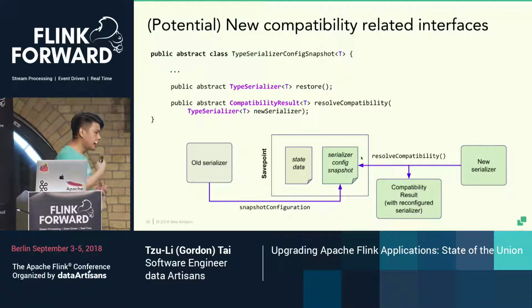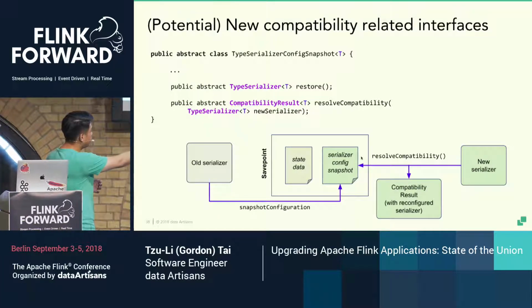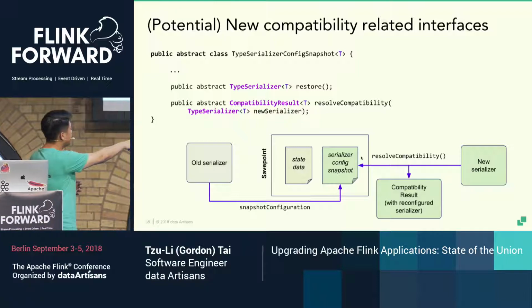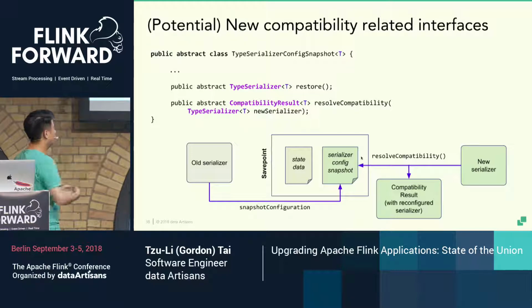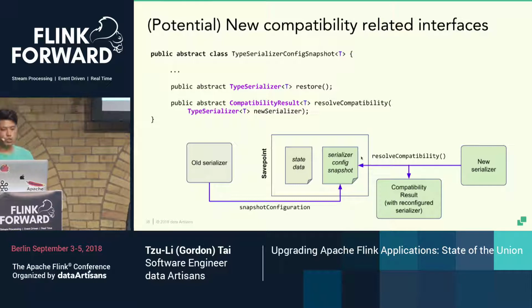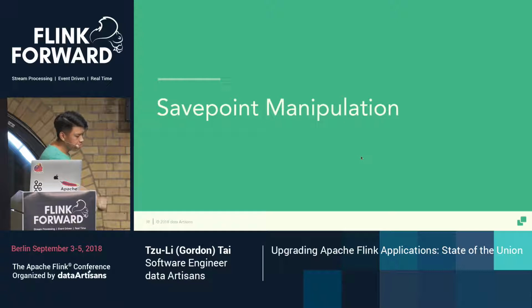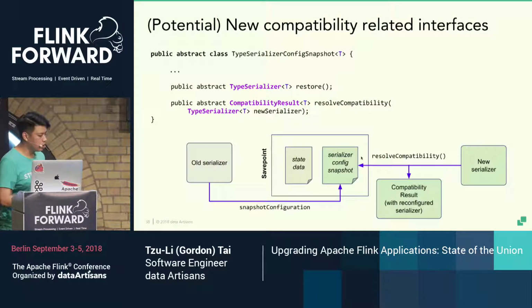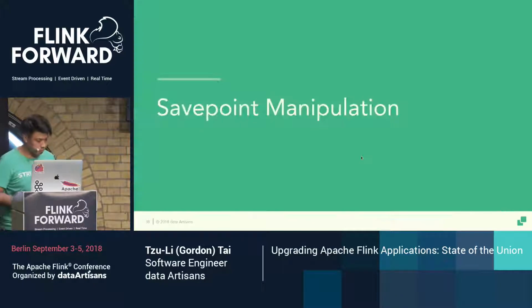If I'm not compatible, but I can be reconfigured, the new serializer instance, without mutating, we don't rely on user code to reconfigure this, but if it's a reconfigured serializer, it's always wrapped in this compatibility result, and then we use that. This is just for safer immutability concerns. So that's basically what you should be expecting maybe in 1.7, and in 1.7 we should have a much better story for Avro to work out of the box.